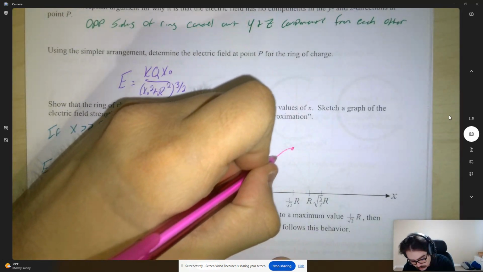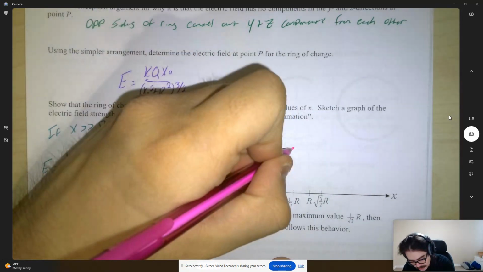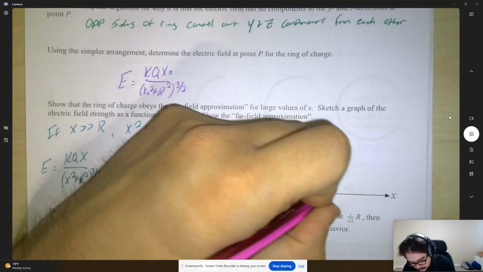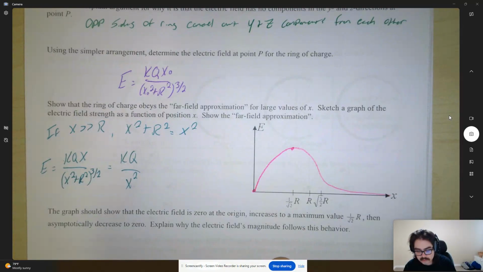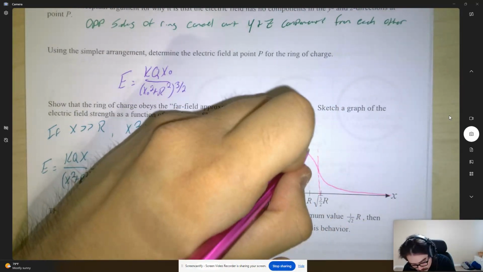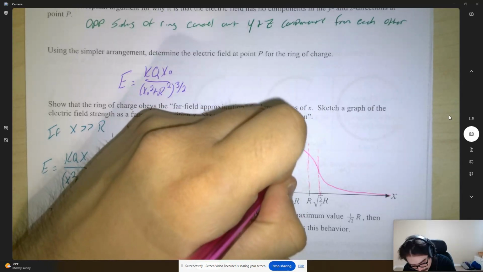You'll notice that you have an inflection point at root 3 over 2 R.